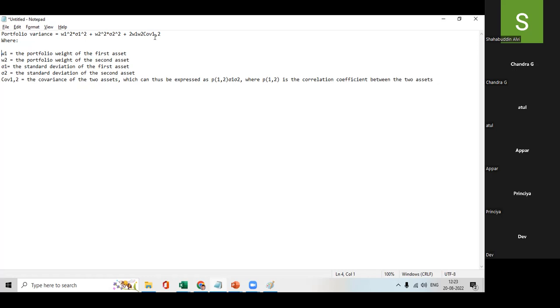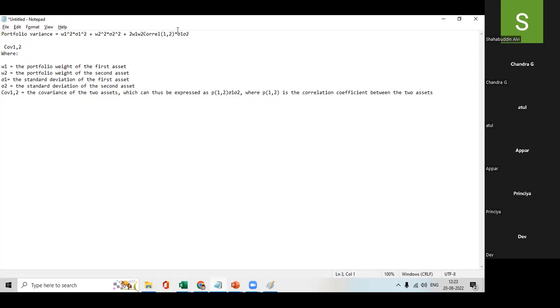Because covariance is a little not intuitive number for us, we'll use correlation. So this one will become correl of 1, 2 into sigma 1 and sigma 2. So we need to calculate correlation.